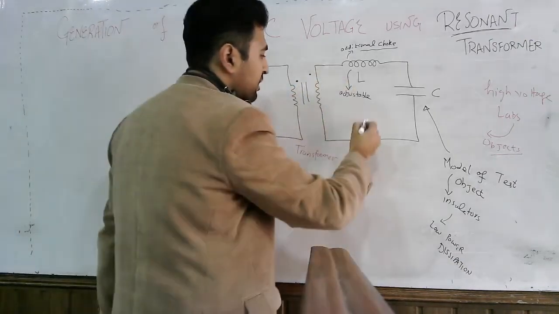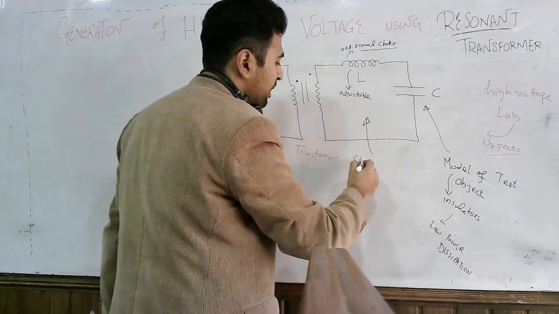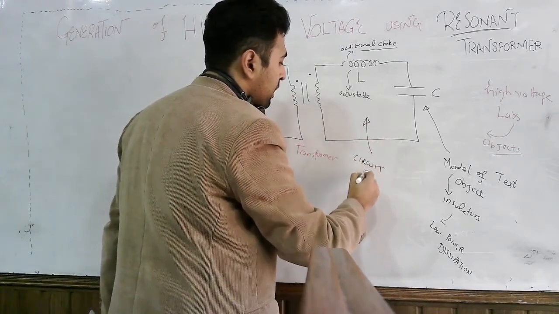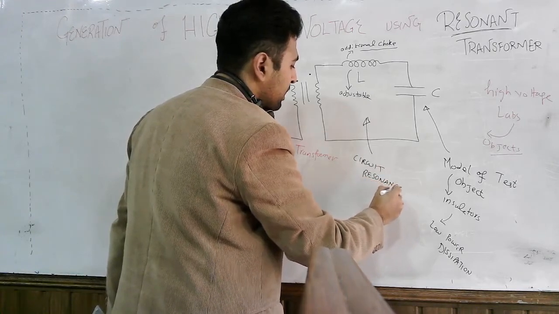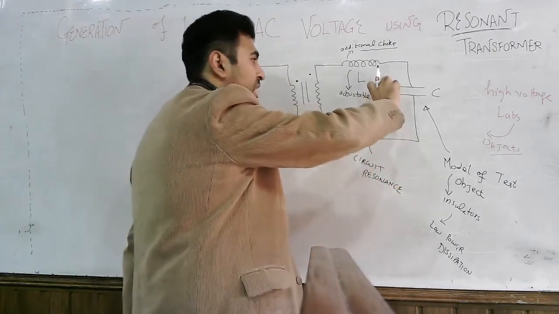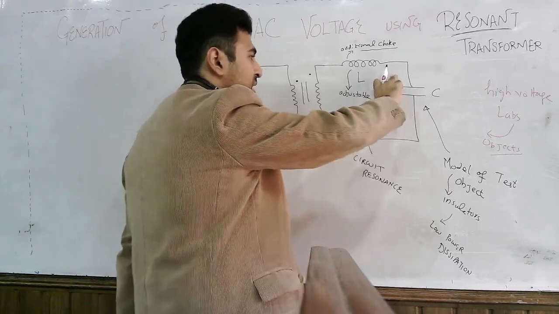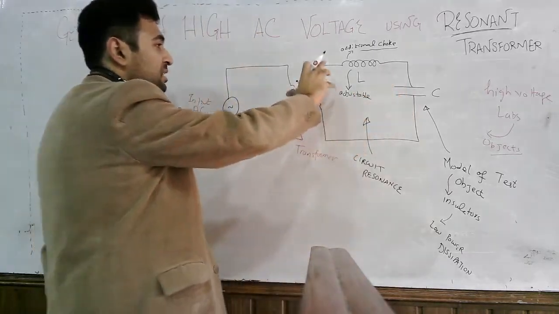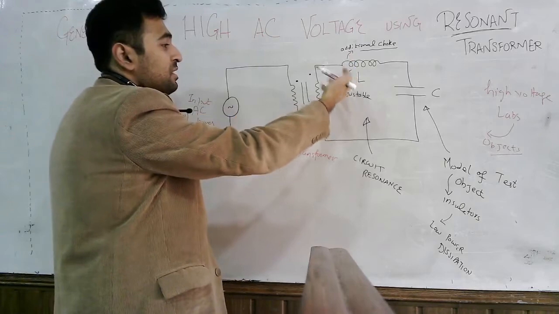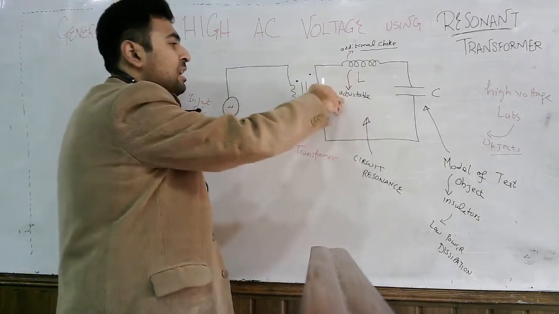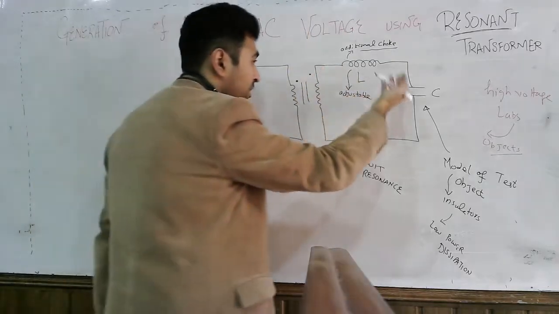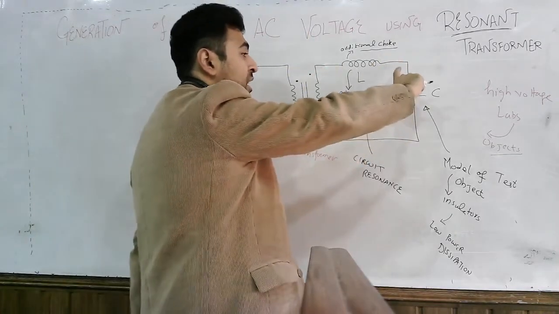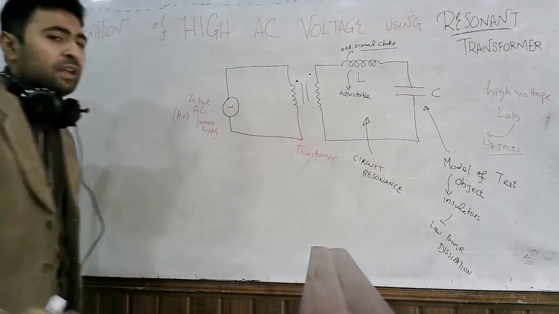Actually, it is the circuit resonance which is responsible for generating the high voltage across this test object. I repeat, the resonance of this circuit is responsible for generating the high voltage across this test object.